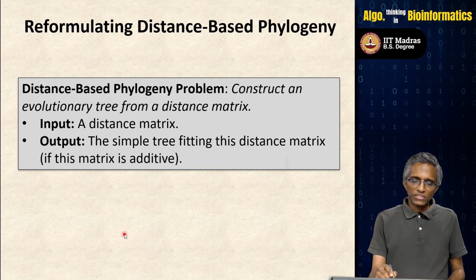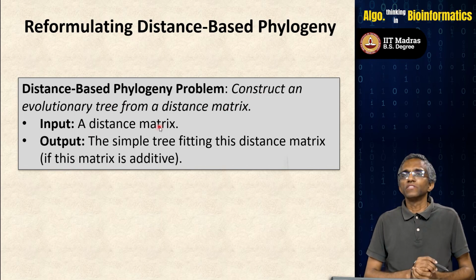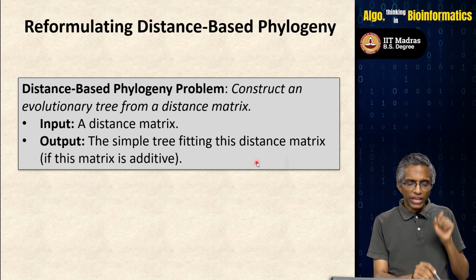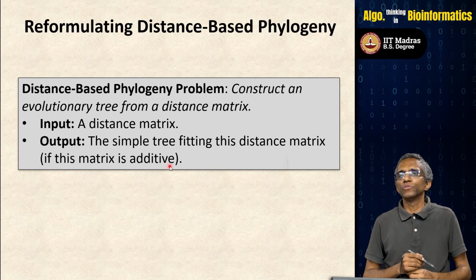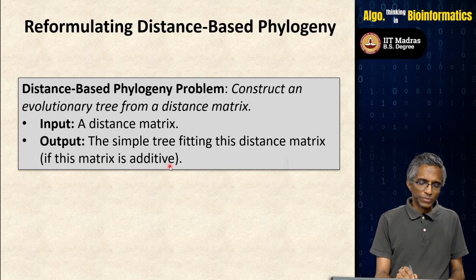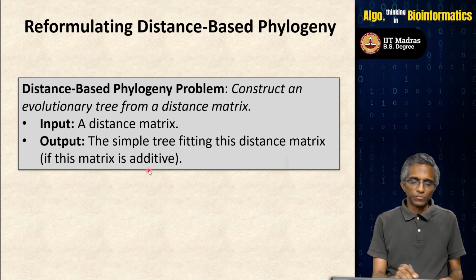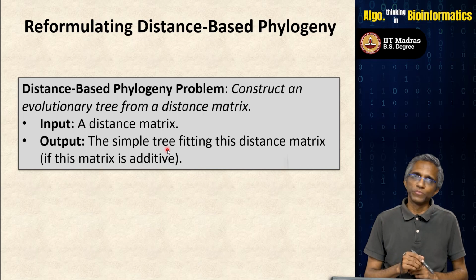So, you want to construct an evolutionary tree from a distance matrix. Your input is a distance matrix, and your output is the simple tree fitting this distance matrix if this matrix is additive. Okay. This addresses both of the issues: existence, because only if this matrix is additive can I output a tree, and also uniqueness, because I am asking only for a simple tree, there cannot be more than one tree fitting the additive matrix. Okay.